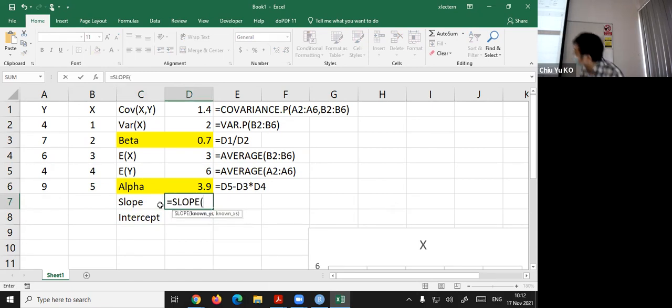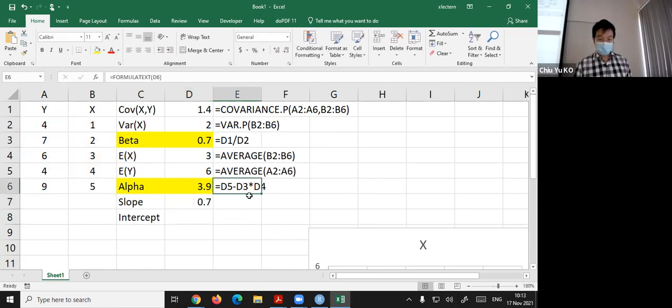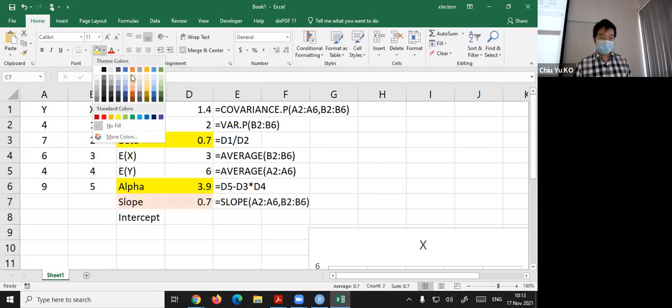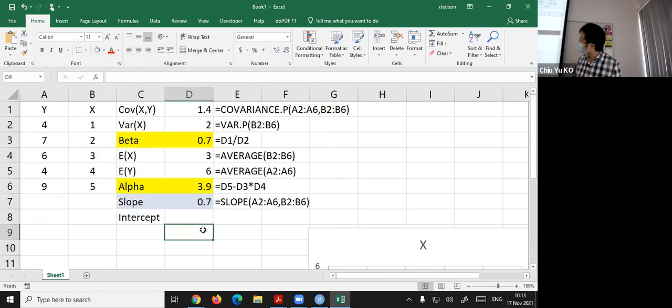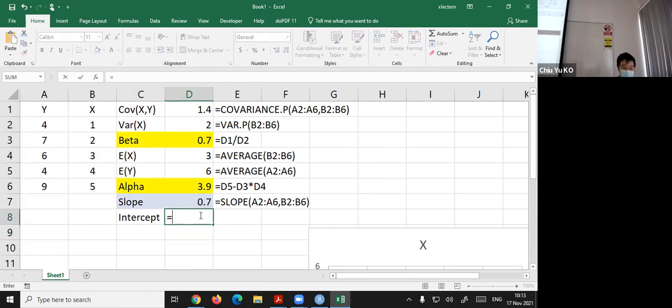Do note that you have to put in the y first before you put x, because there's a difference between x and y. Y here, x here. You will see this is the same thing as we have calculated. The slope is the same as beta. And you can easily see we can also have the same thing with intercept.